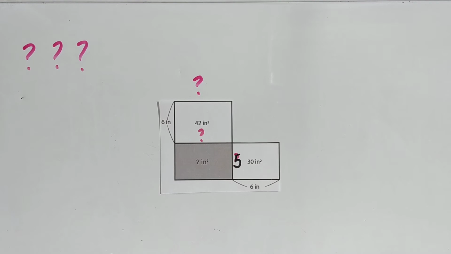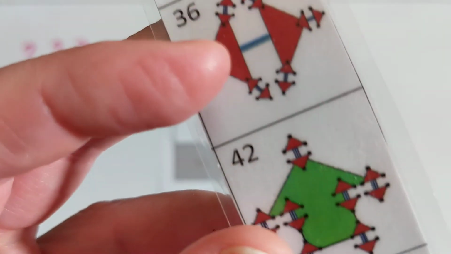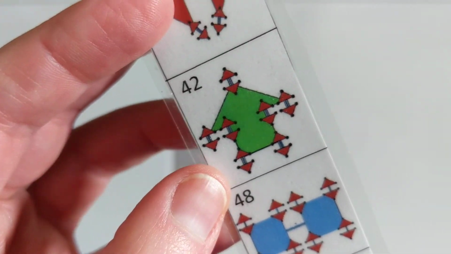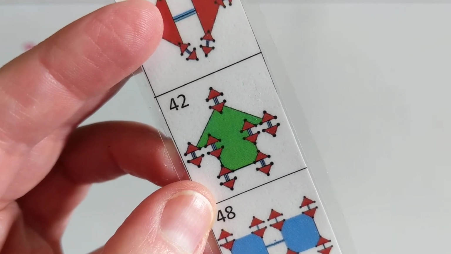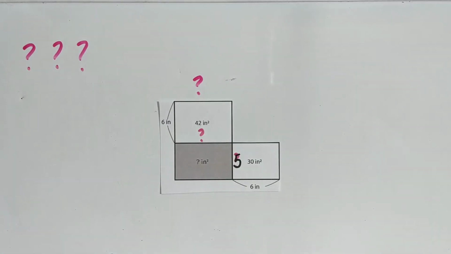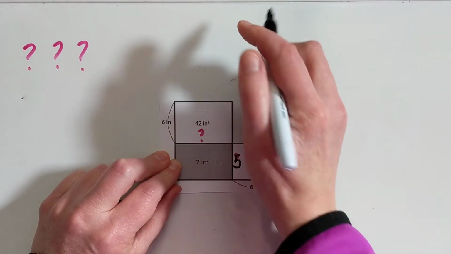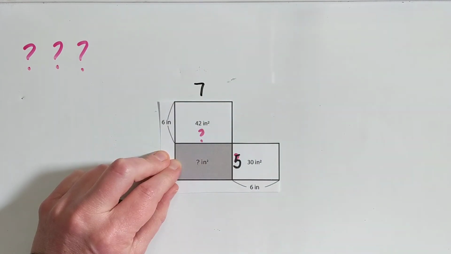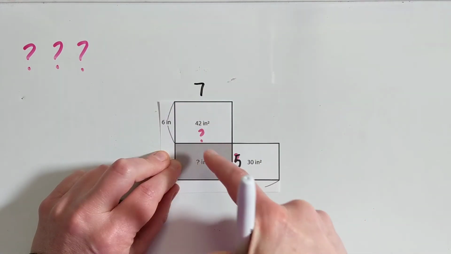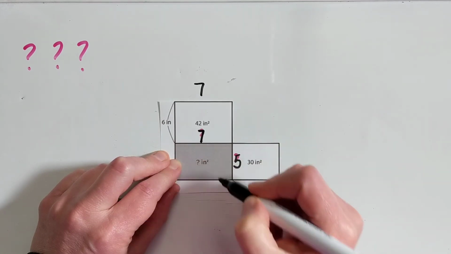Looking at my fractal multiplication, the 6 strip, the red arrow is a 7. So 6 times 7 gives me 42, and that line here is the same length, so it would also be 7.